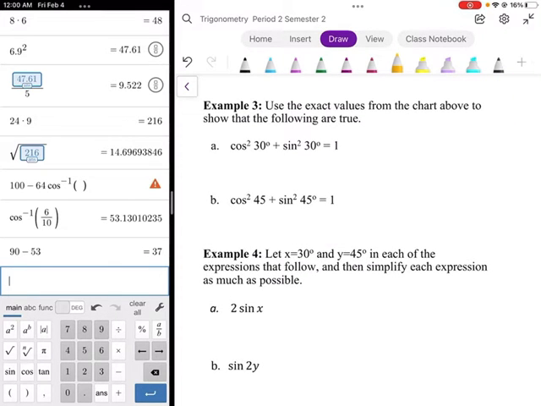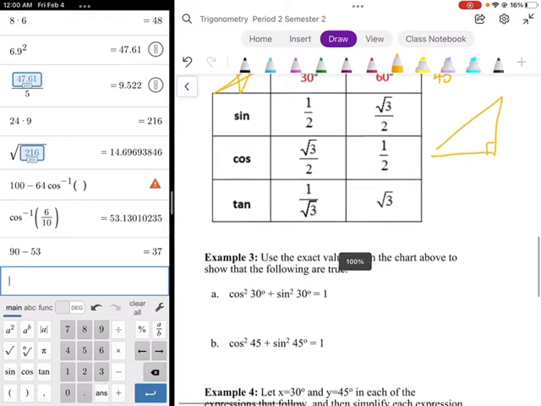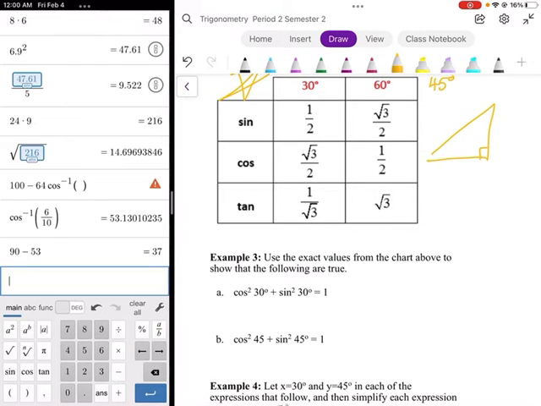So, for example 3, we are going to use the exact values from the chart above to show the following are true. So we're going to take the cosine of 30 squared. So remember, that means we're going to evaluate what the cosine of 30 is, and then we're going to square it.